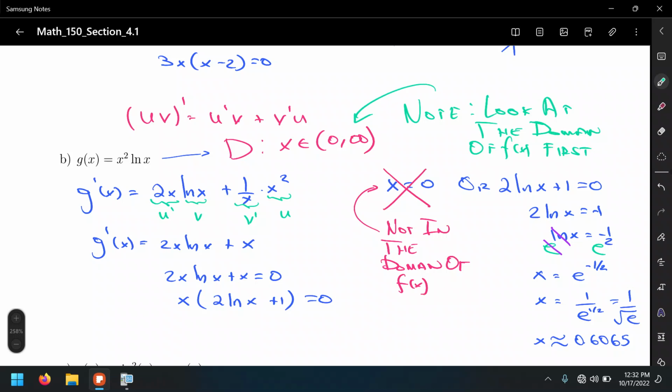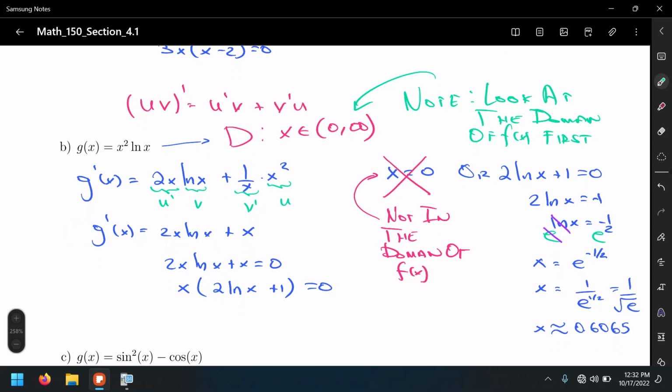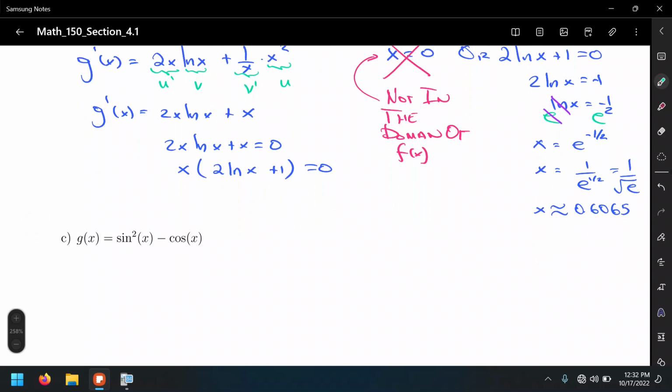That's the first thing we do, and I skipped that part on purpose so we can go back and check it out. The purpose of looking at the domain of the function is to determine whether these critical values are legitimate or not. All right? Let's do another one.